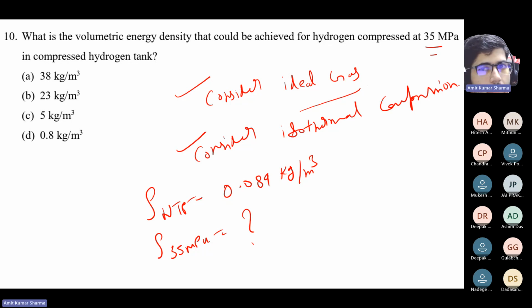Consider the units carefully. It's megapascal. 31.15 kg. Yes, yes.